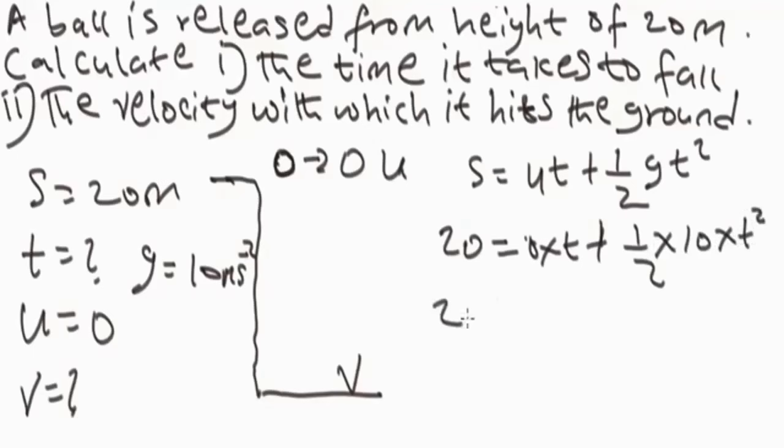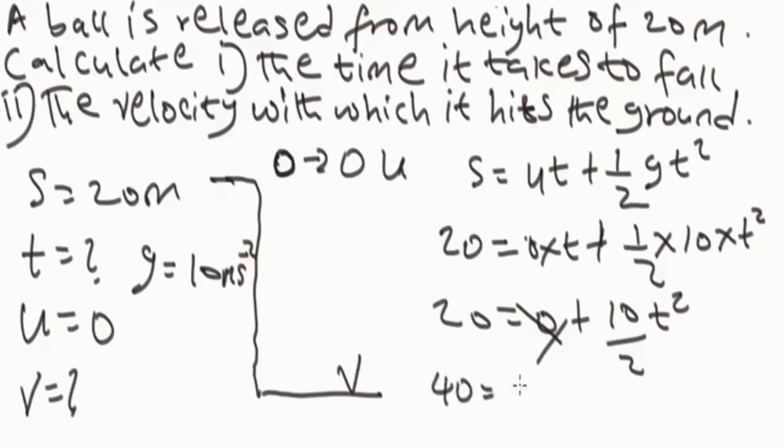When you simplify this, you're going to have 20 equals 0 plus 10t squared. Simplifying more, if you cross multiply, you're going to have 20 times 2, 40, equals 10t squared. So divide both sides by 10.